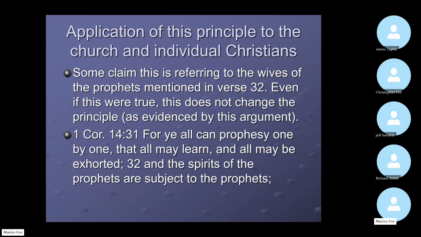Now let me explain my point about the apostles, and some would argue this wouldn't apply to them. In Ephesians 2, verses 20 through 21, being built upon the foundation of the apostles and prophets. Notice, I'm looking at the American Standard Version.